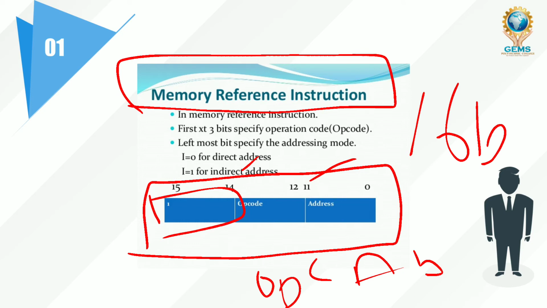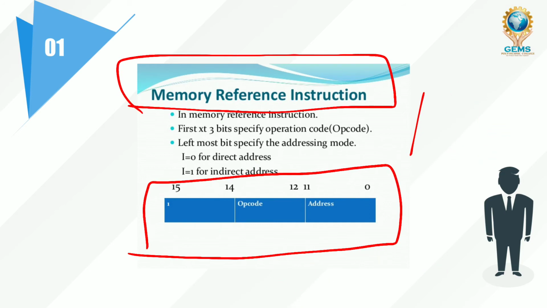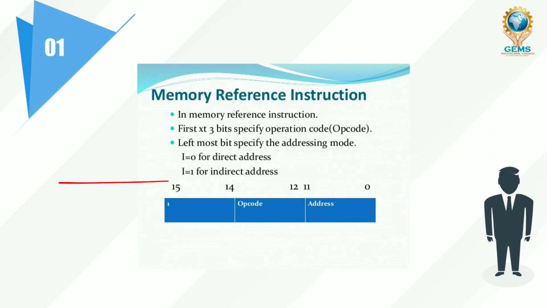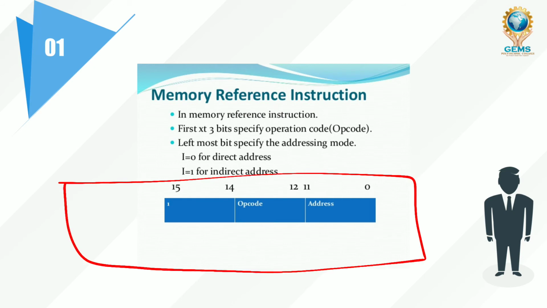So this is the instruction format, and this is the memory reference instruction. In this format, memory reference instructions are stored like this: first 0 to 11 address bits, 12 to 14 opcode operation bits, and 15 the mode bit.